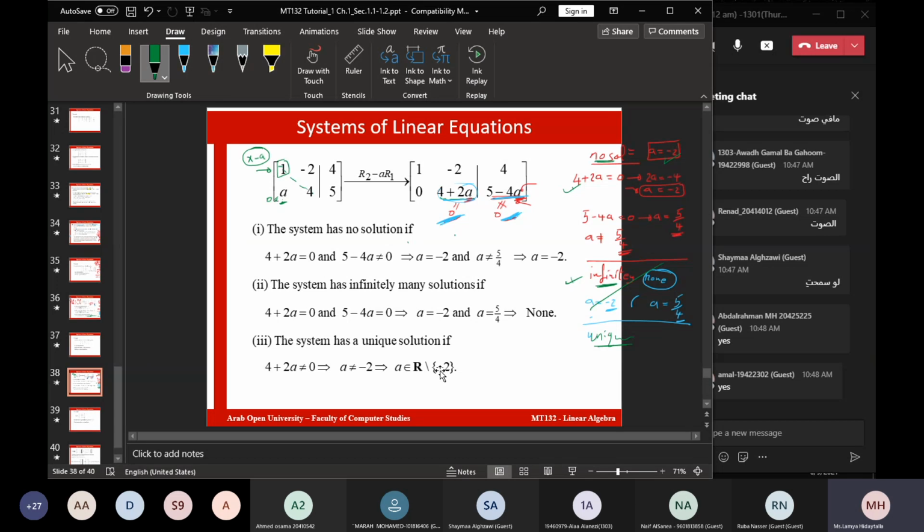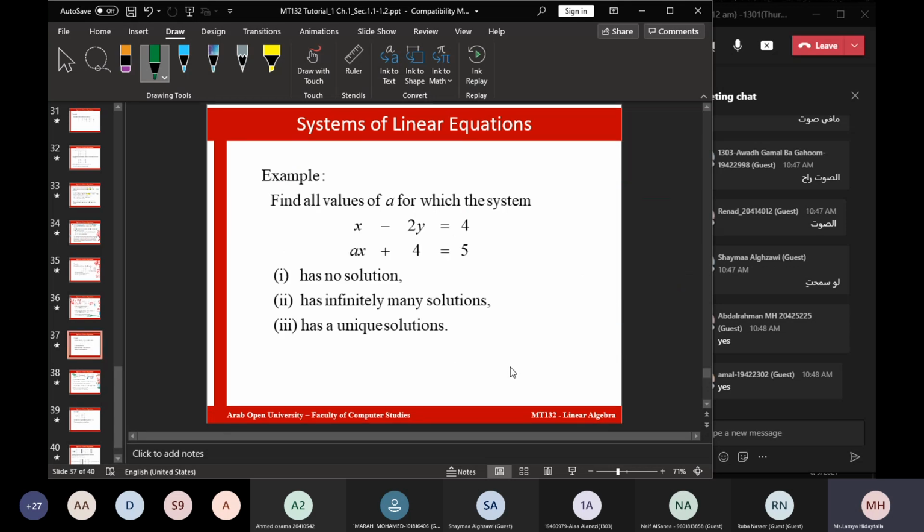For homework, go and solve it for A equals 3 and check whether you get a unique solution or not, or take A equals 1, whichever you like. Even if you take A equals 0 you should get only a unique solution. If I substitute A with 0 I'll have a specific system, and with 1 another specific system.